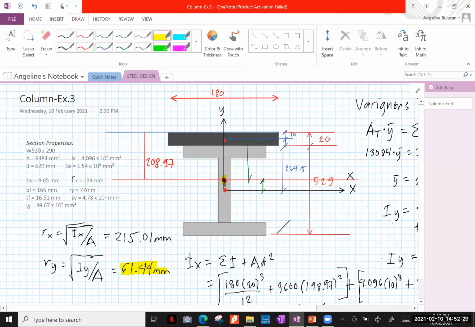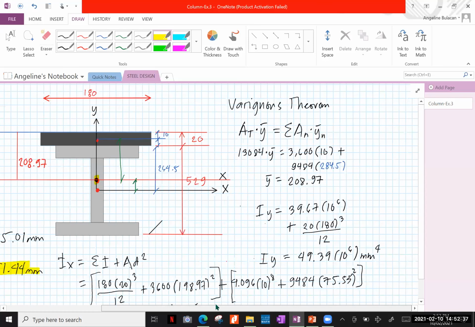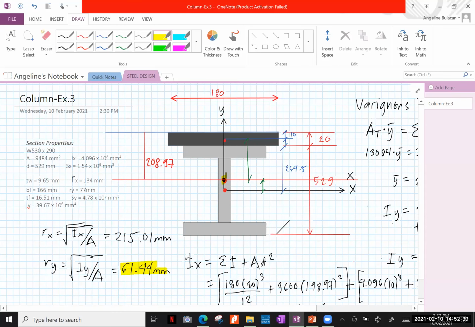Yung Y kasi is nandun na siya sa Y-axis. So, ang ginawa lang natin sa moment of inertia ng I is idinagdag lang natin siya. Yung X kasi is magkaiba, so hinanap natin yung centroid ng group. And then, we use the transfer equation or transfer formula to get your moment of inertia.